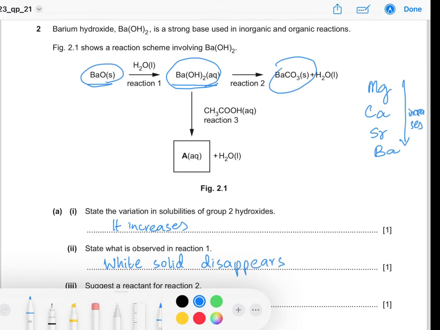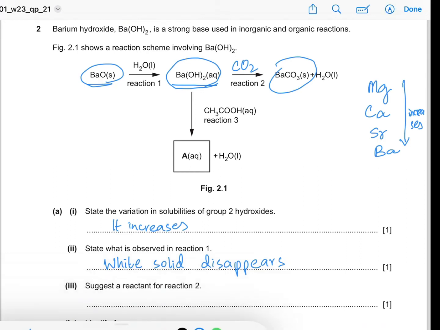On the other hand, the solubility of group 2 sulfates and carbonates decreases down the group. What that means is barium carbonate will be most insoluble compared to all other carbonates in group 2. So again you'd see a precipitate forming here, and for this reaction the reactant you'd need is carbon dioxide. Again, this is memorization based.